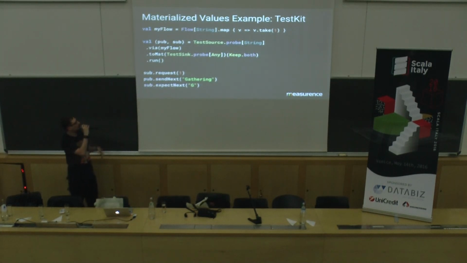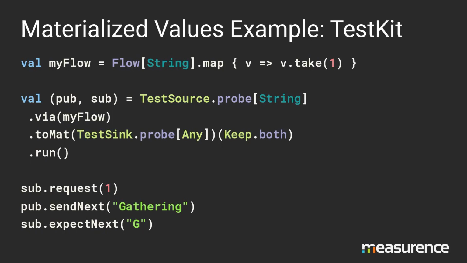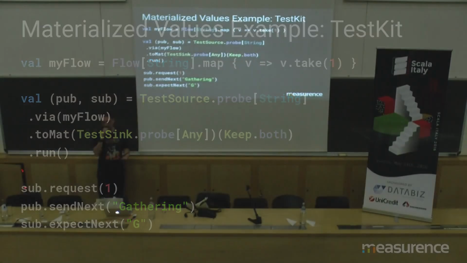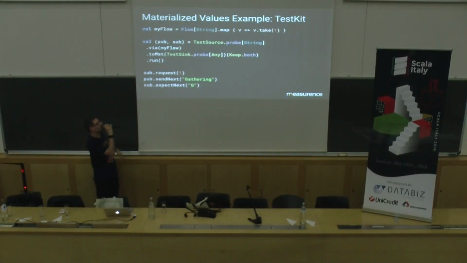While the subscriber can be used to check that what is received is what you expect. So this way, using both the test source and the test sink, you can test your flows as if they are functions. It's just a little bit different, the code, but you can see the same kind of test you can run on a function. This is why I said that running tests on a flow is much easier than testing a source or a sink.